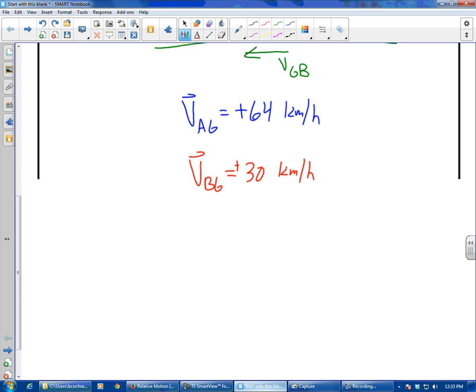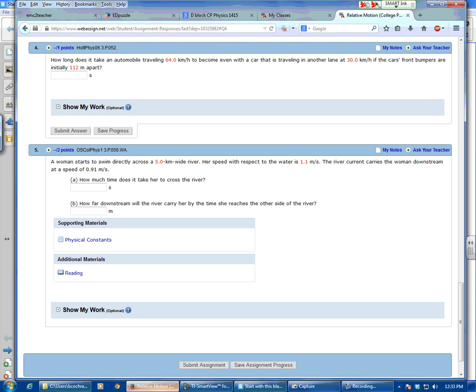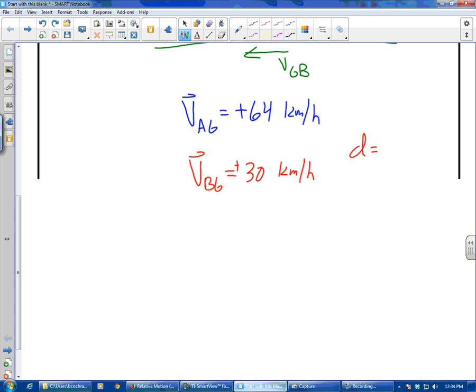And I think that's all I'm told. Oh, I'm told my distance, right? Mine is 112 meters, so that's 0.112 kilometers. Converted from meters to kilometers, right?